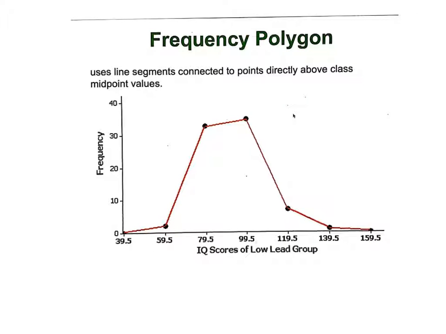A frequency polygon. These are our IQs again of the low lead group, and what they do is take the classes that we had in our histogram earlier. For 79.5, 30 people were in that class.